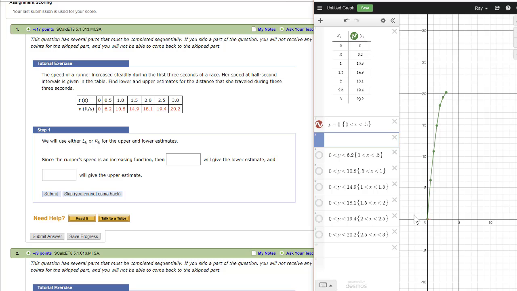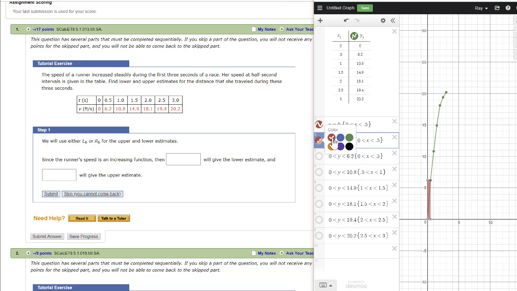Now I wouldn't really even call it a rectangle because there's no area there. So let's take a look at this one, and let's match up the color. Let's say this is an area from 0.5 to 1.